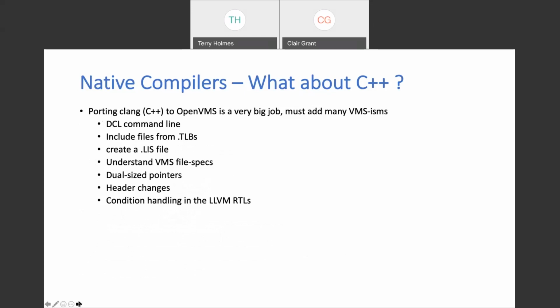It needs libraries, listing file, VMS file specs, pointer construction, header changes, condition handling, and this list, I'm sure, could be three times as long. So there's LLVM, which is a huge job in itself, and then there's Clang, which is another huge job in itself.